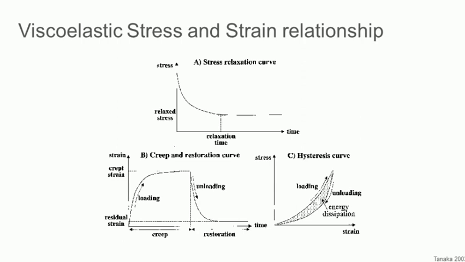Here it is the opposite, but that's exactly the same. And you can see that we have what we call the hysteresis, meaning that there is an energy dissipation in that object when the behavior of that object is viscoelastic.